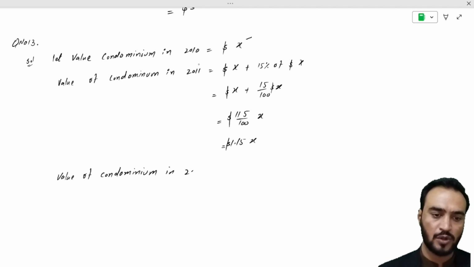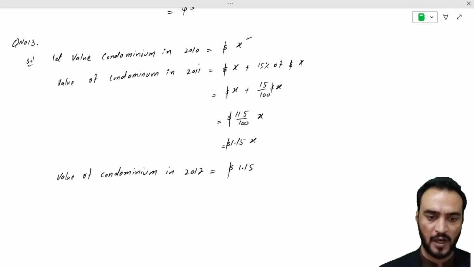in 2012 is equal to the value in 2011, which is 1.15X dollars, plus 15% of it, as it appreciates 15% every year. So 15% of 1.15X dollars. So we add 15% of this value to the value of condominium in 2011.